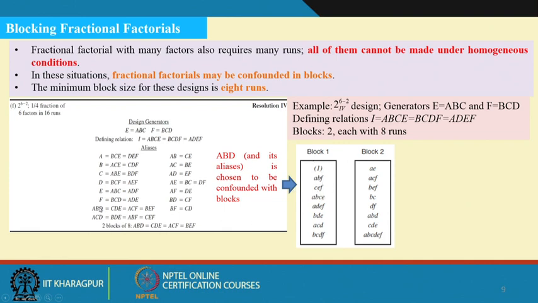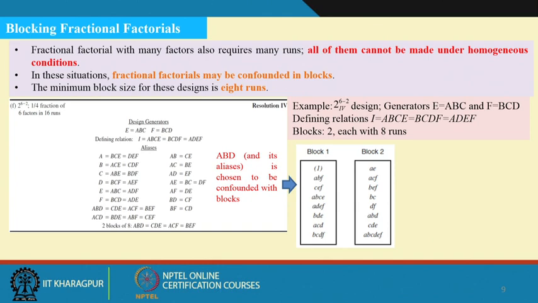Suppose you confound ABD with blocks, then you will be getting this structure. So block 1 will go for this, because you will take ABD plus and ABD minus. From the design you have to find out the ABD column, and then you will have all minus, and then there will be all 8 plus. So this will go to, let it be block 1, and this will go to, let it be block 2.